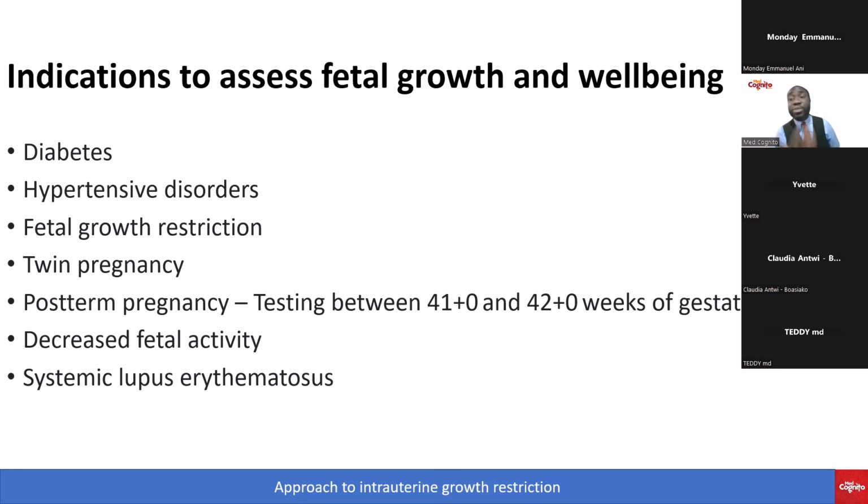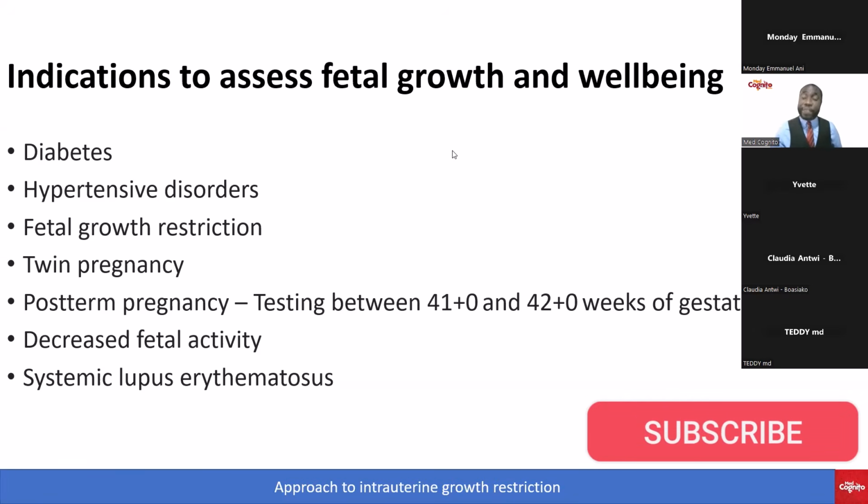Twin pregnancy itself can also predispose to IUGR. Then post-term pregnancy. Then decreased fetal activity. Then I need to monitor fetal growth and fetal well-being. And if the mother has SLE, systemic lupus erythematosus, then you're also going to assess fetal growth and fetal well-being.